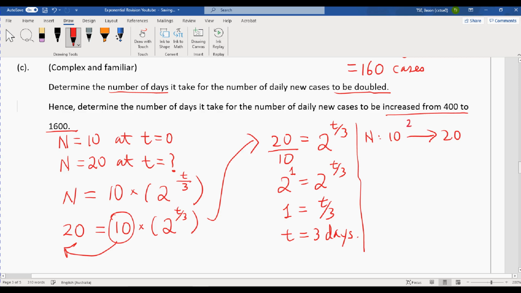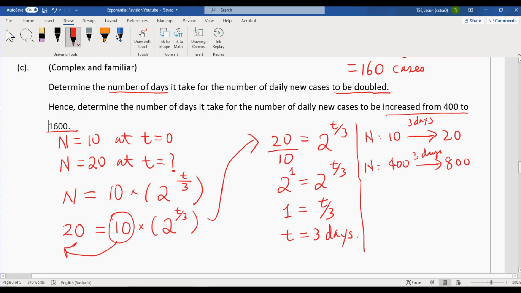It takes 3 days, sorry, I got it wrong. And from 400, when it doubles to 800, how many days? 3 days again. So they are the same. That's one very important aspect of exponential growth.